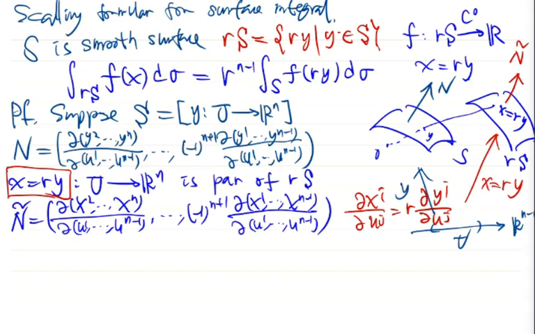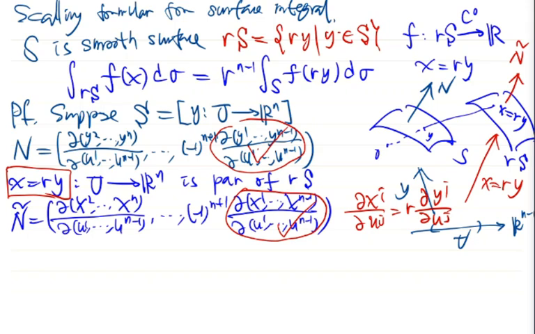Okay, so every component of n and n tilde, for example, we consider the last component, these components are (n-1) by (n-1) determinants. But every entry in this determinant is r times the corresponding entry of the determinant for the component of n. So we know that n tilde is r^(n-1) n.